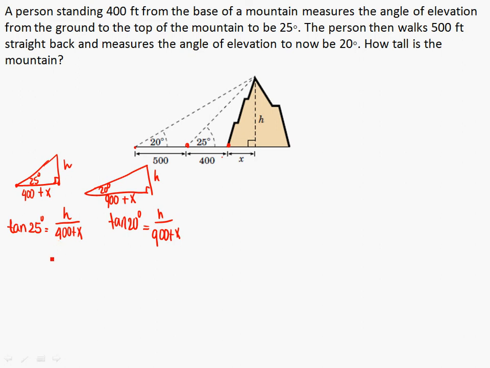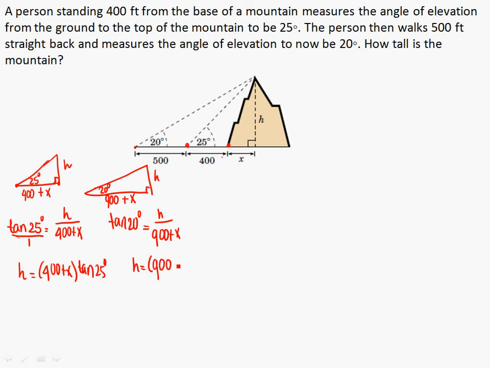Well, that's two variables, so you can't really solve either one of these. But what you can do is solve both of these for the height. Cross multiply. So that means that the height is 400 plus x times the tangent of 25. But based on this one, the height should be what?